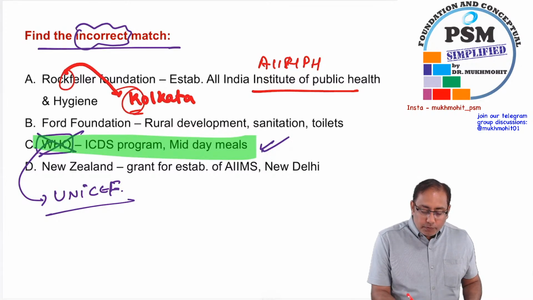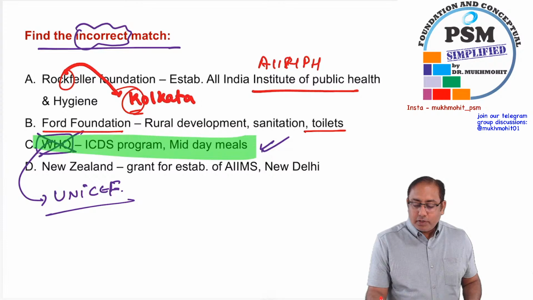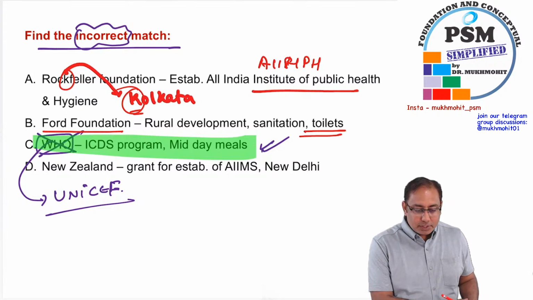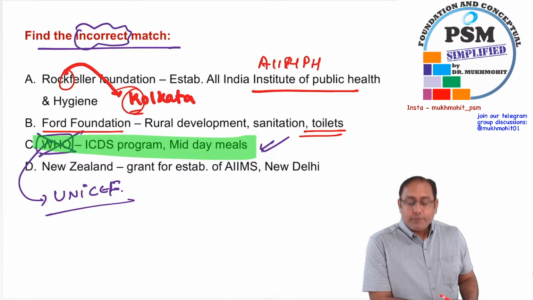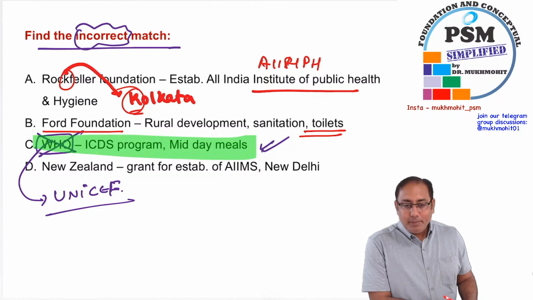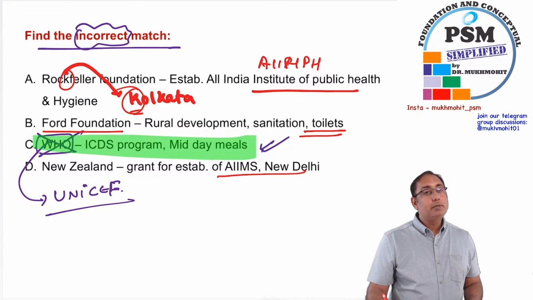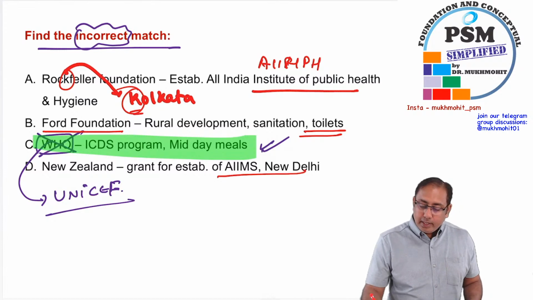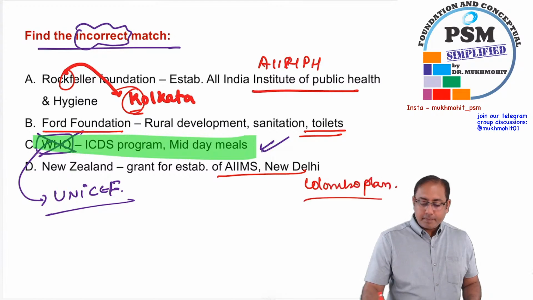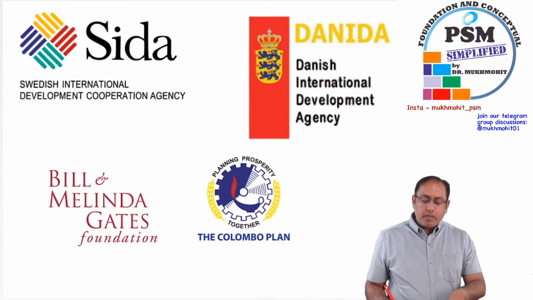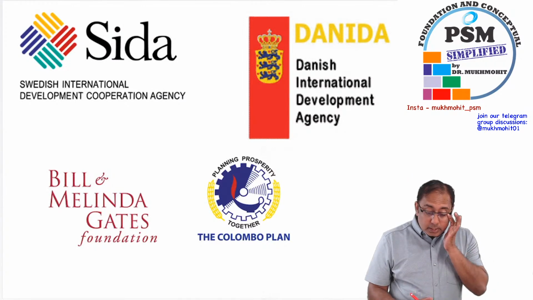Ford Foundation, remember Ford Foundation worked for toilets and sanitation. UNICEF is for ICDS program, midday meals. New Zealand gave a grant for establishment of All India Institute, New Delhi, under the Colombo plan. So please remember a few more points about international health.